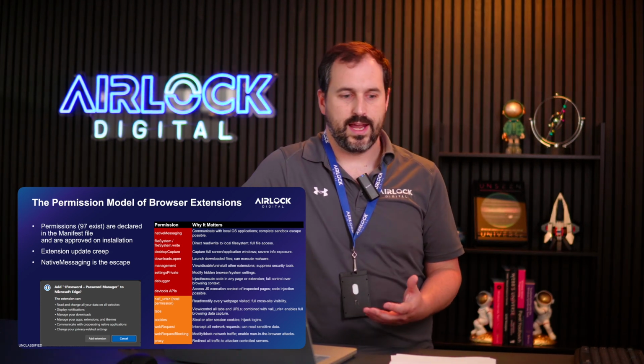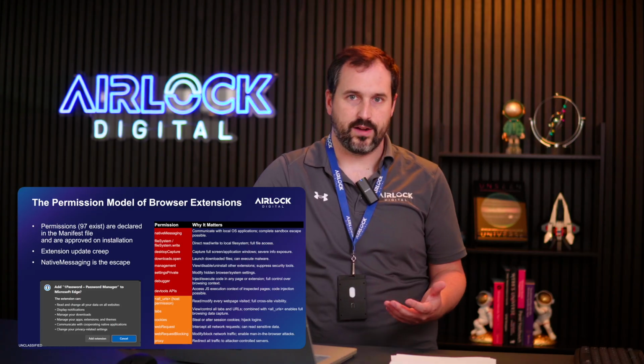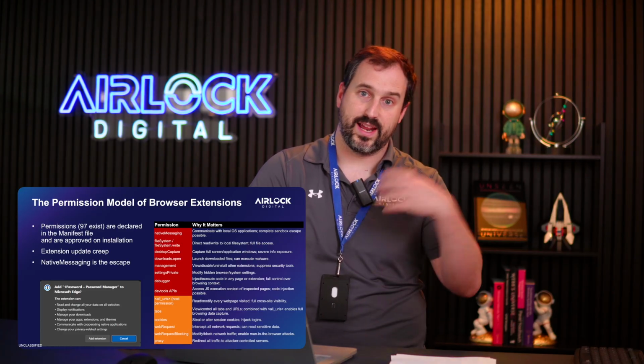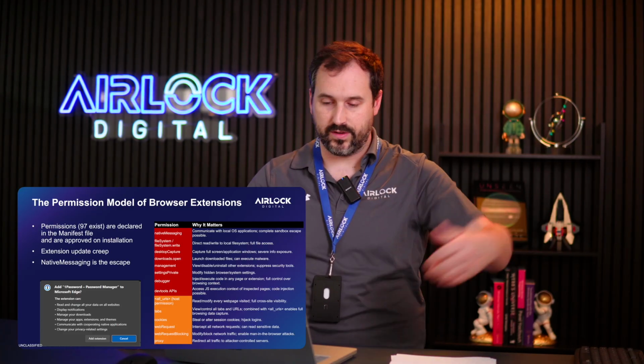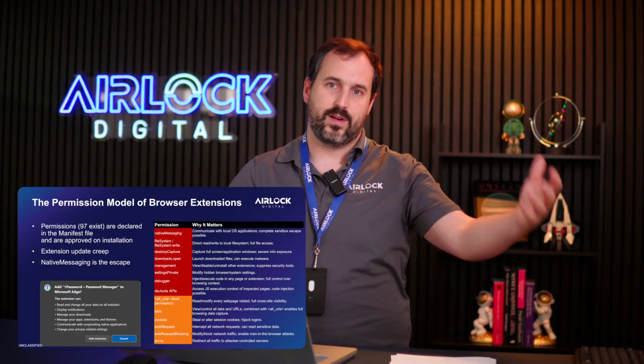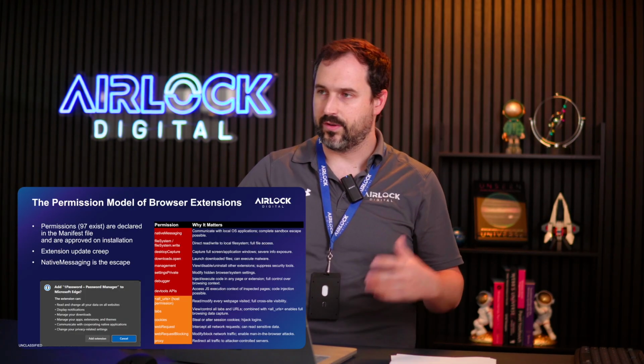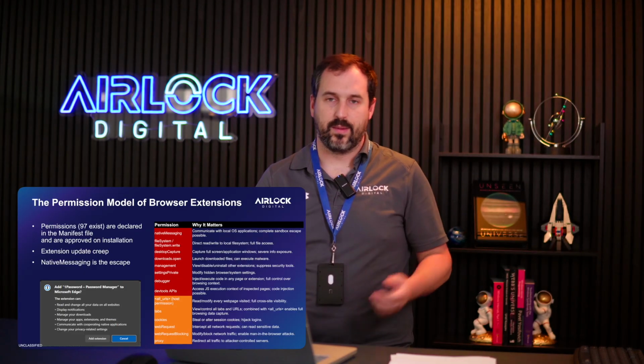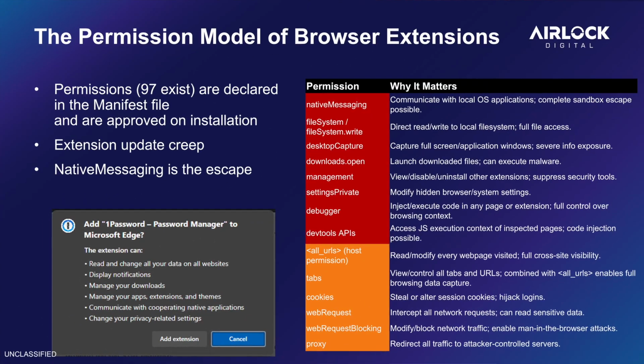A link handler is when you have a shortcut for an application, you run that shortcut and it opens, associated with a specific app. Native messaging allows you to send data through a pipe to an associated external app. So think Zoom, for example, sending data into the Zoom plugin. And this is really the permission that you need in order to perform a sandbox escape, because it provides that pipe to the outside world, but the association needs to be there.